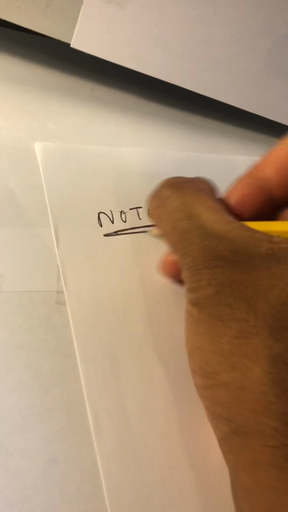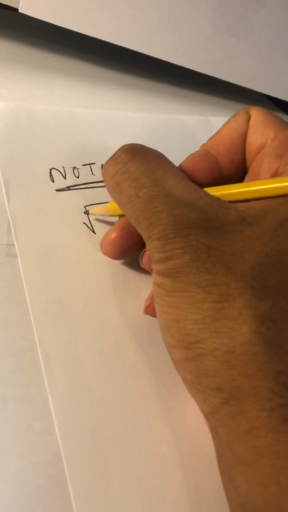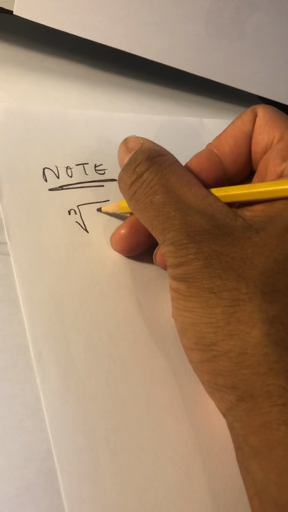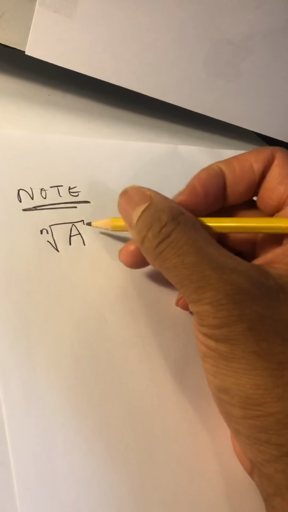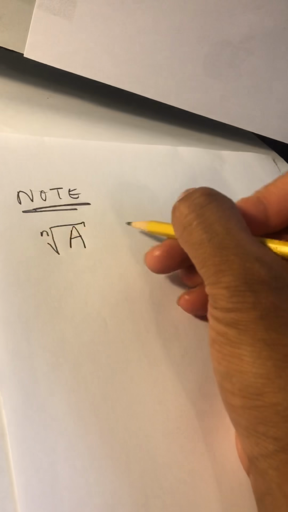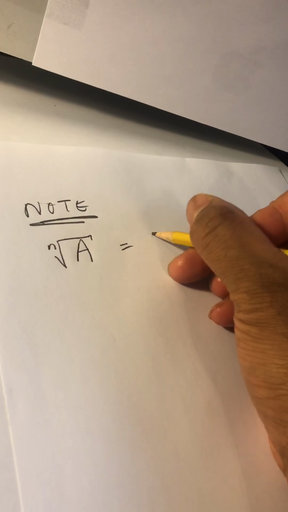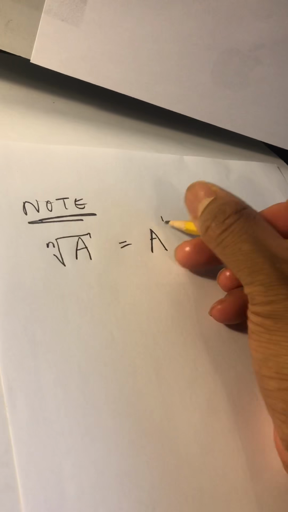I want to say a few more things before we go, just to make a little more sense of this. Note by definition, still talking about radicals, that the nth root of a, I'm not using big N anymore so I don't confuse it with this little n, is just going to be a to the 1 over n.